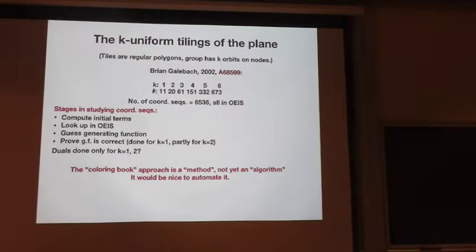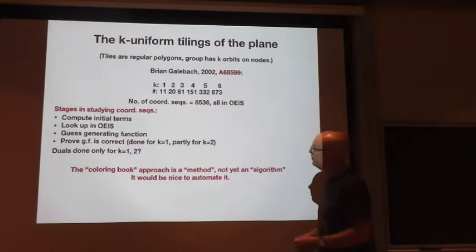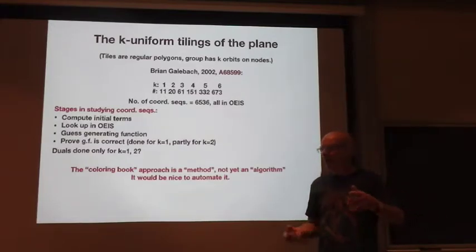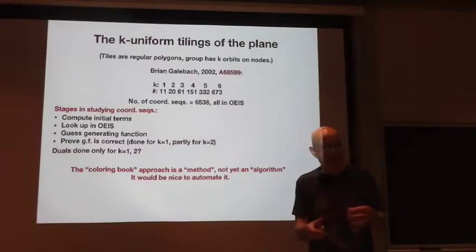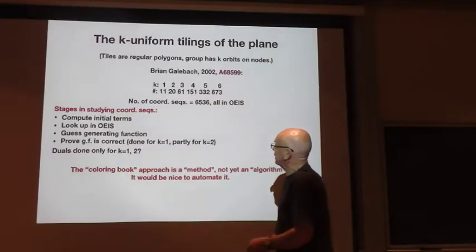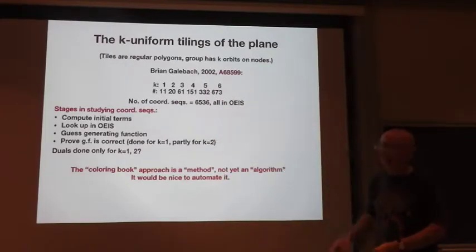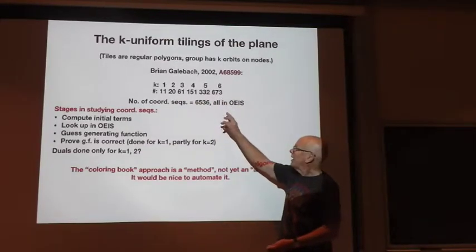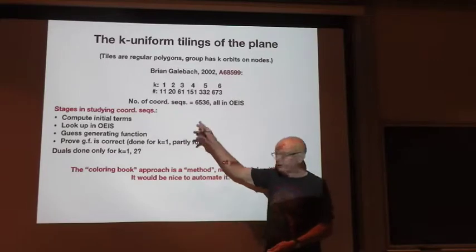So Brian Gallabach has computed the number of uniform tilings. K uniform, meaning the automorphism group has K orbits on points, and all the tiles are regular polygons. And he's computed it out through 6 uniform tilings. So for these, there are 673, and there are 6 kinds of points, because it's 6 uniforms.